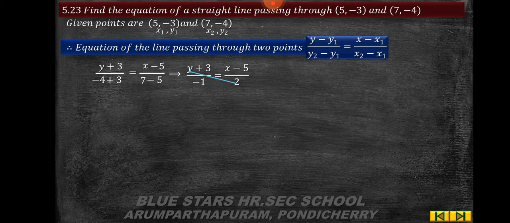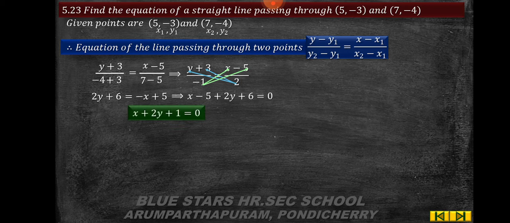The next step is you have to do a cross multiplication. 2 into y plus 3. First you have to multiply 2 into y plus 2 into 3, which is nothing but 2y plus 6, which is equal to minus 1 into x, then minus 1 into minus 5, so minus x plus 5, which implies x minus 5 plus 2y plus 6 is equal to 0.